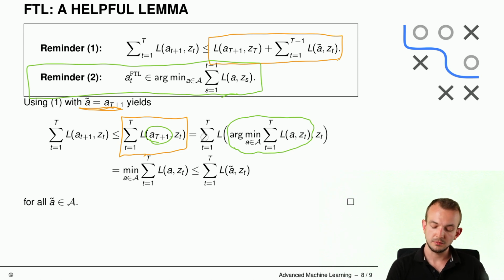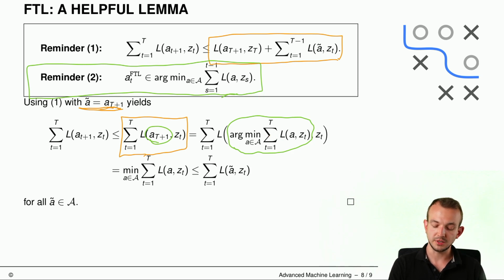So we are minimizing some function which has a sum structure. We are summing up loss functions over these Z_t and looking for the minimizer in the first argument, and we plug in exactly the minimizer for this sum function.